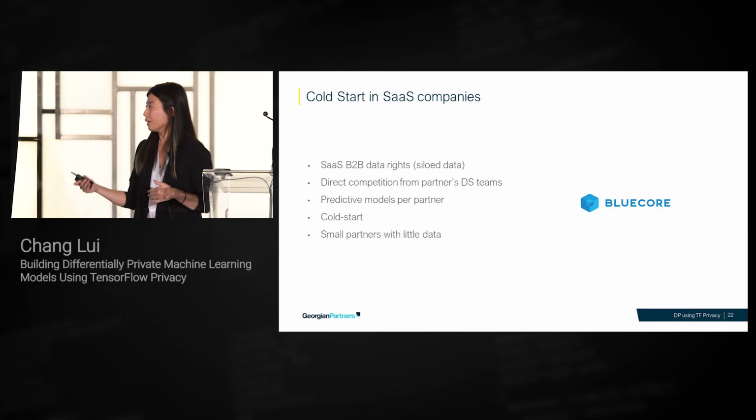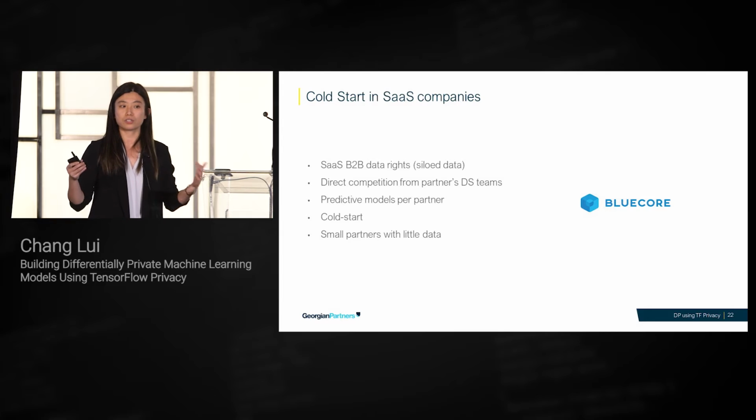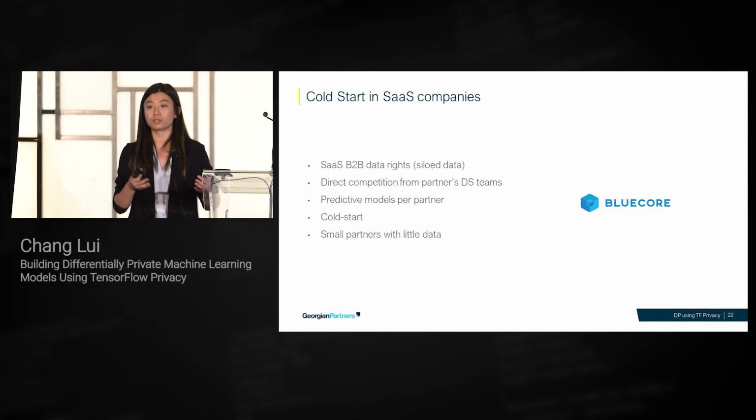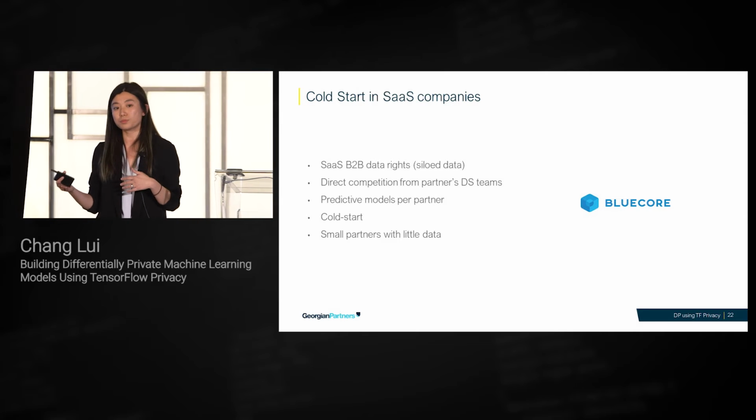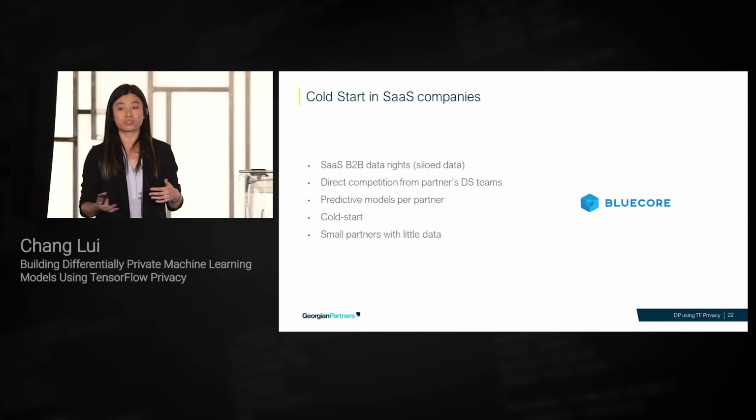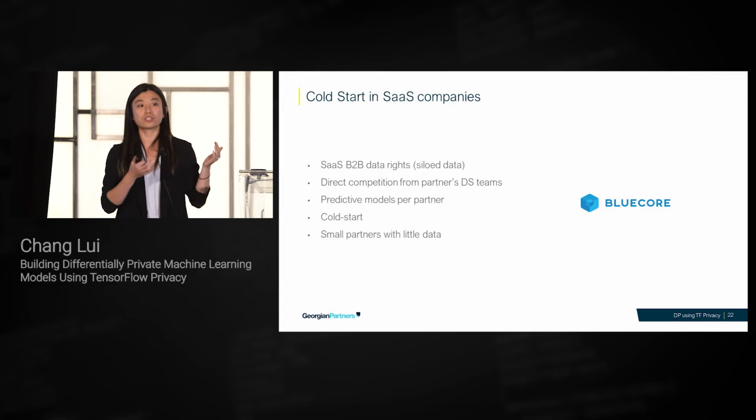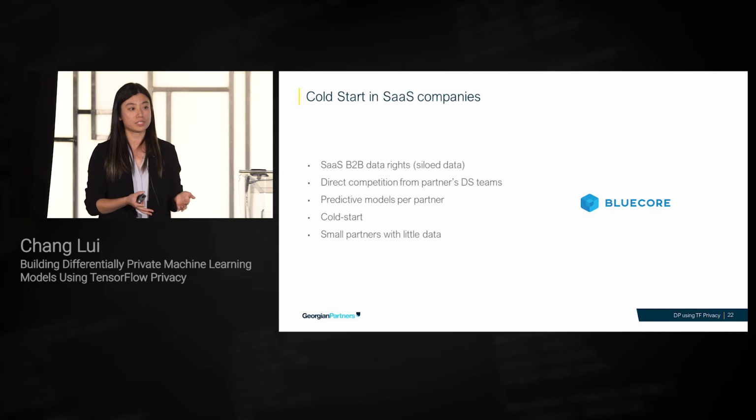So we started thinking, can we leverage the models from the previous customers? A lot of these customers are similar, and perhaps some of their users are even the same. Can we leverage the knowledge that we've learned previously?